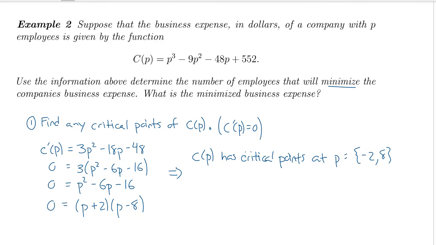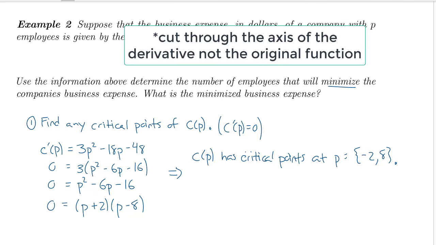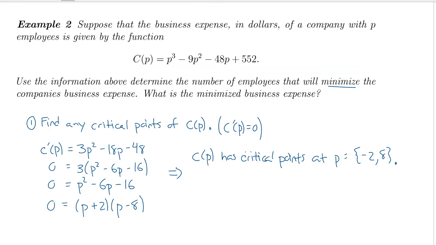Now, whenever you're doing a context problem, especially when you're using the first derivative test, we're going to have to classify these critical points. You can save yourself some grief by taking a second and thinking about what these values of p are. These are numbers of people, so we can't have a negative amount of employees, right? So this critical point at p equals -2 is non-physical.